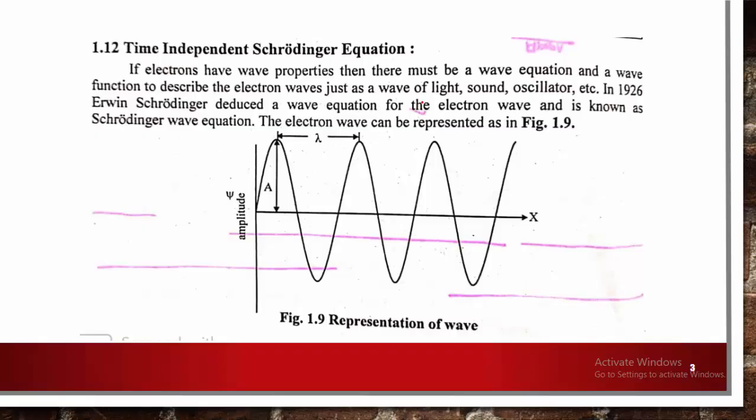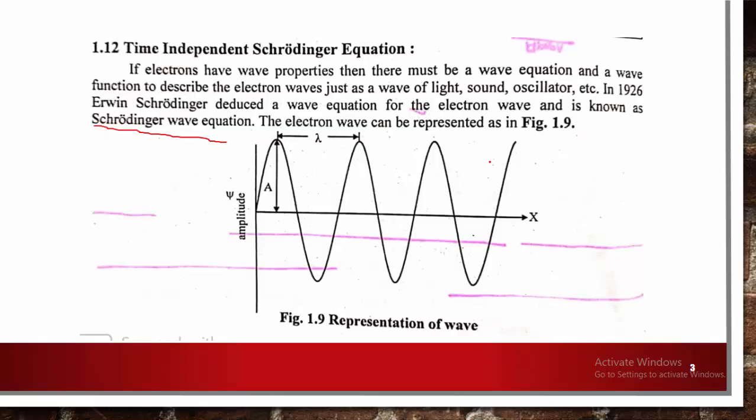In 1926, Erwin Schrödinger deduced a wave equation for the electron wave, known as Schrodinger's wave equation.